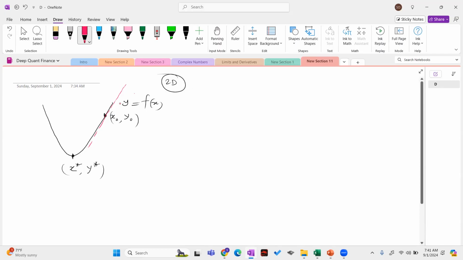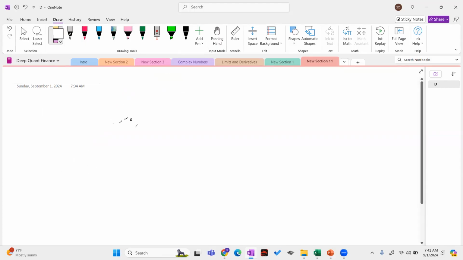Okay. In fact, let me redraw this. It's too much straight. So we make it a little curved. Okay. This is my global minima, x star, y star.